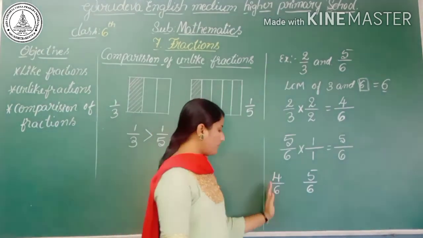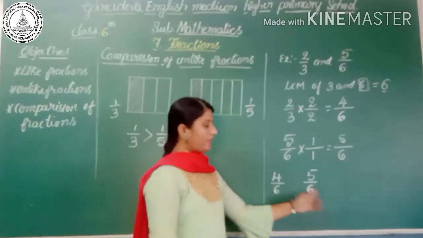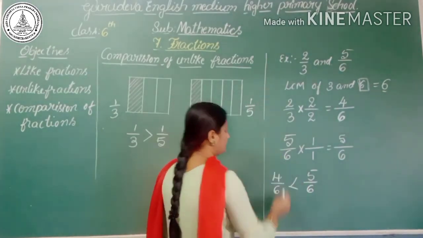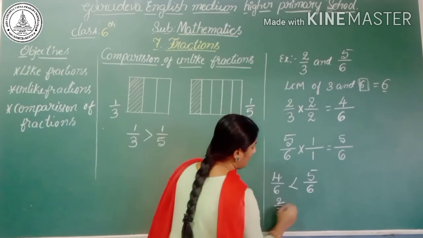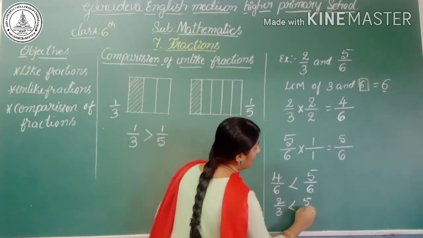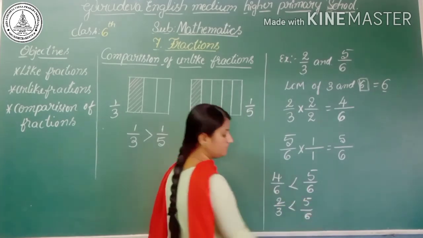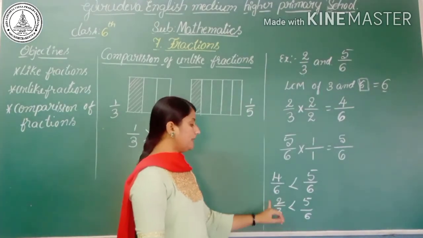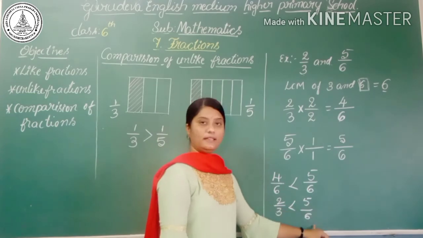Okay, so here 4 by 6 and 5 by 6. 5 by 6 is the greatest fraction. Means 2 by 3 is less than 5 by 6.